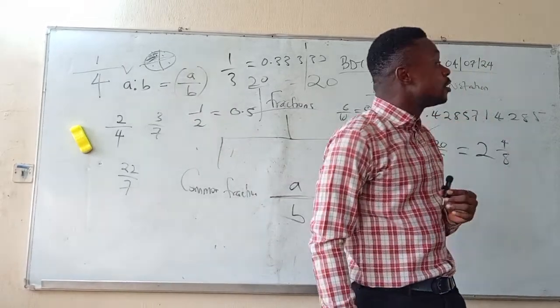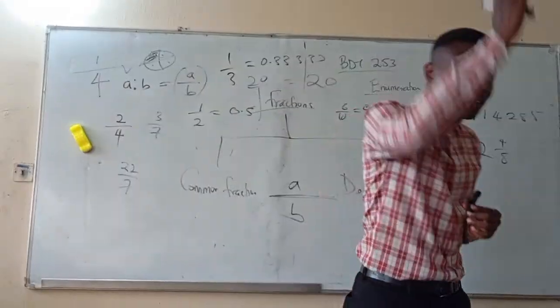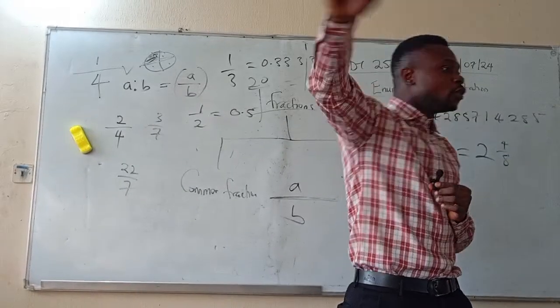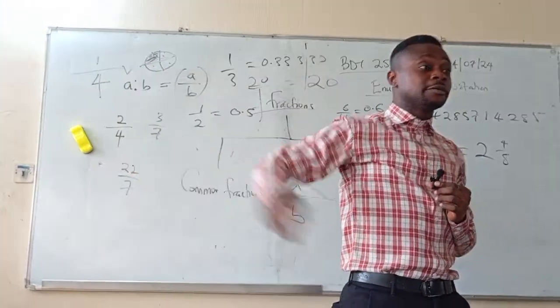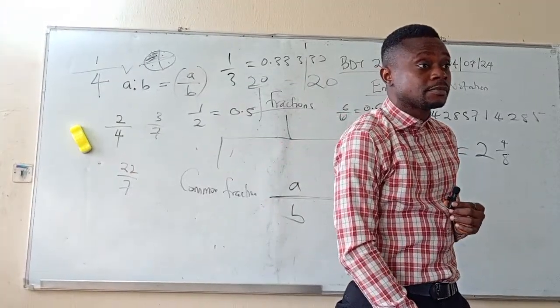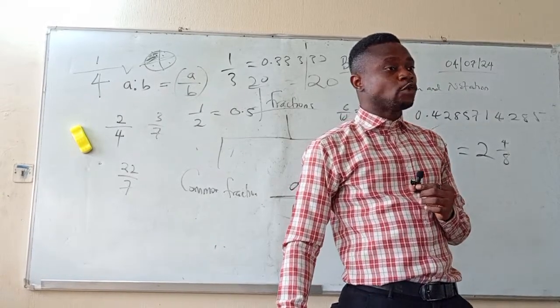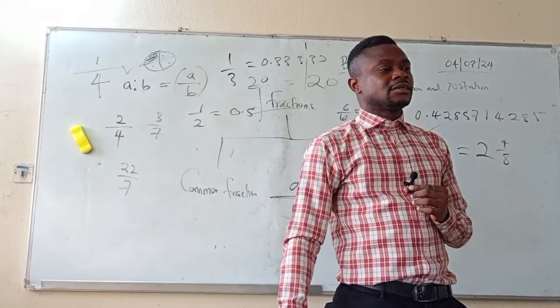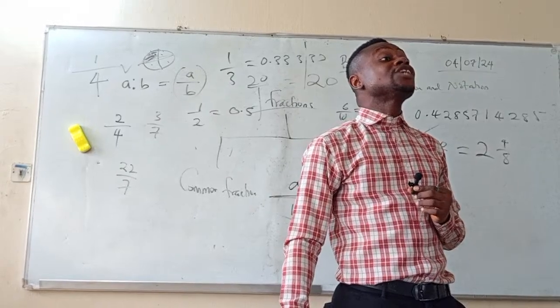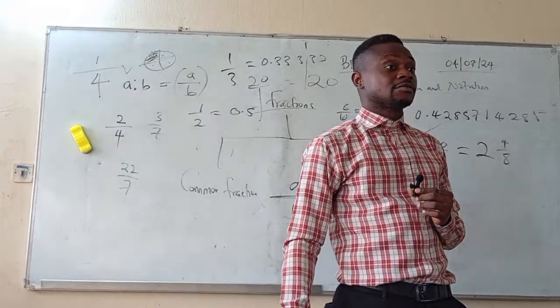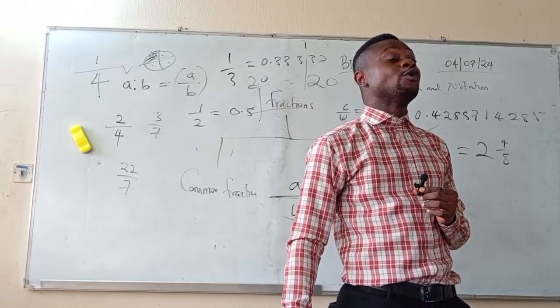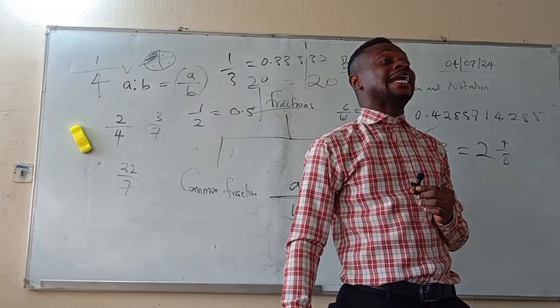Just know that discrete numbers stop at a point. Then what about 1.128?